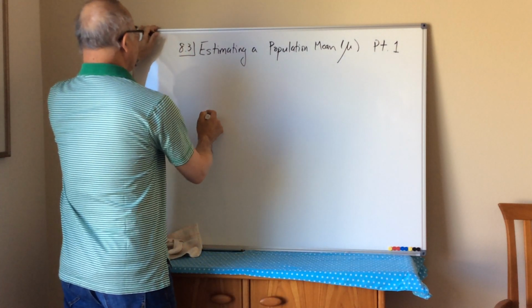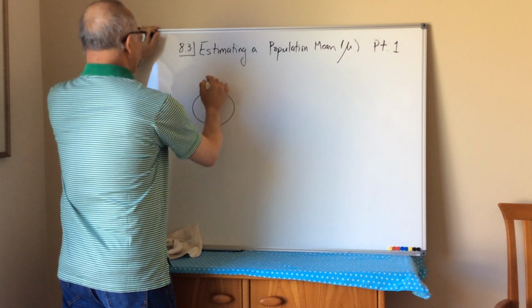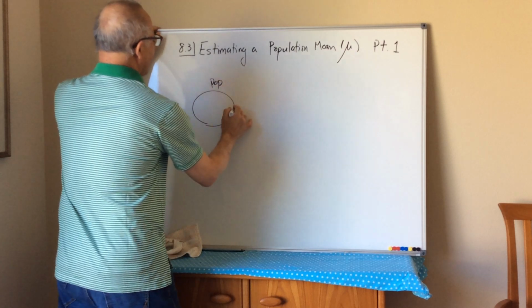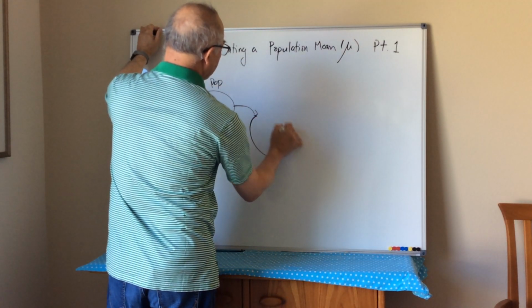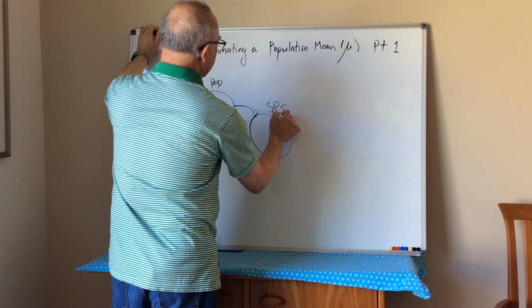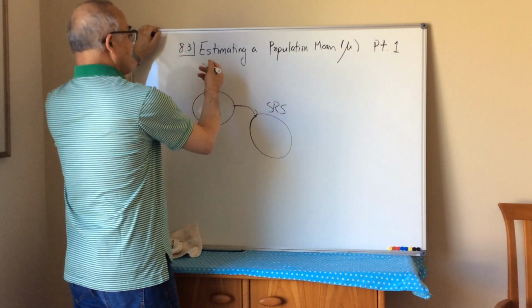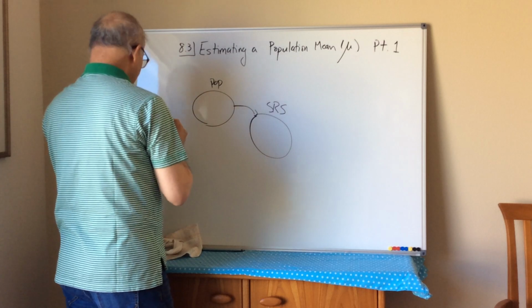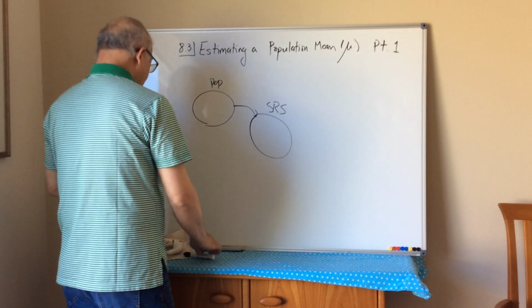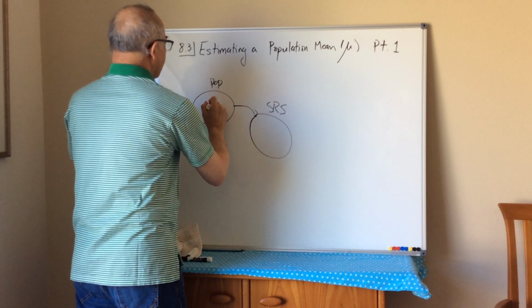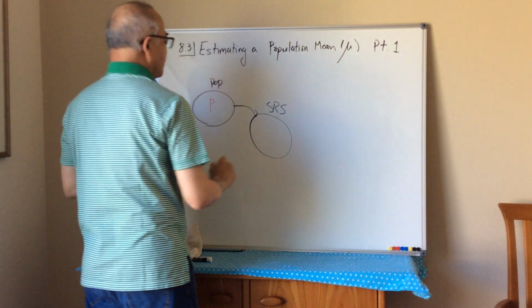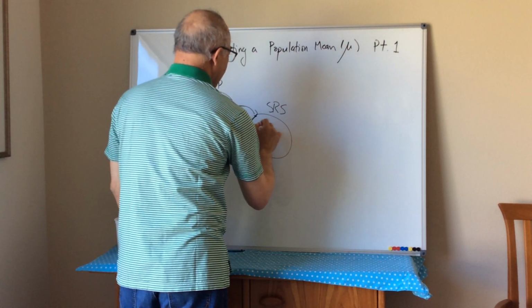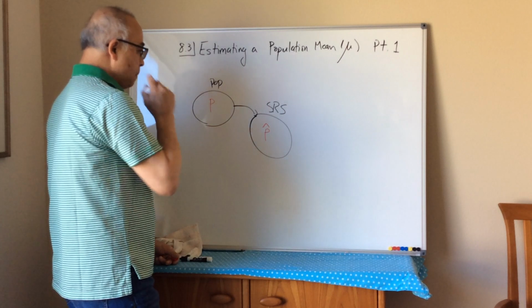So in 8.2, we had a population and we took a random sample from it. We didn't do the population mean, we talked about a proportion, correct? So we had a proportion that we were trying to figure out, and we used the p hat that we got from the random sample.